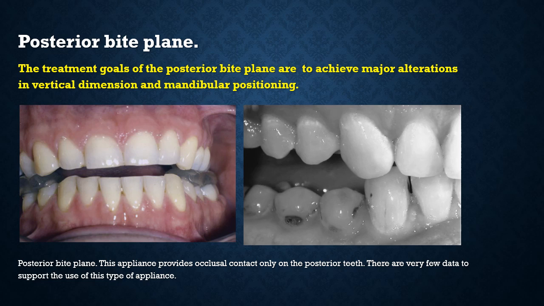But actually there are few data or studies to support the use of this type of appliance, and the main drawbacks, as shown in these pictures, are the intrusion of the covered segment.